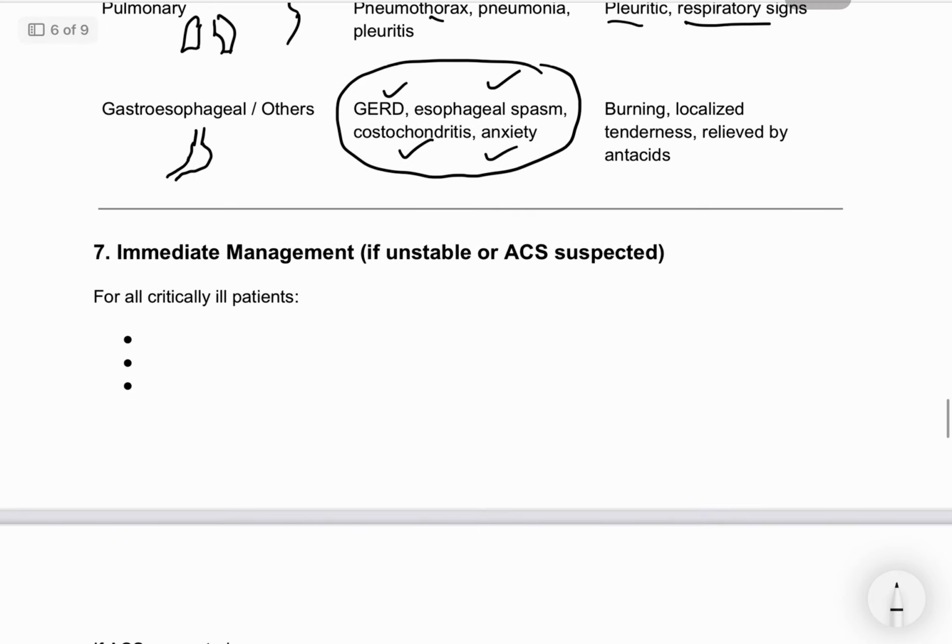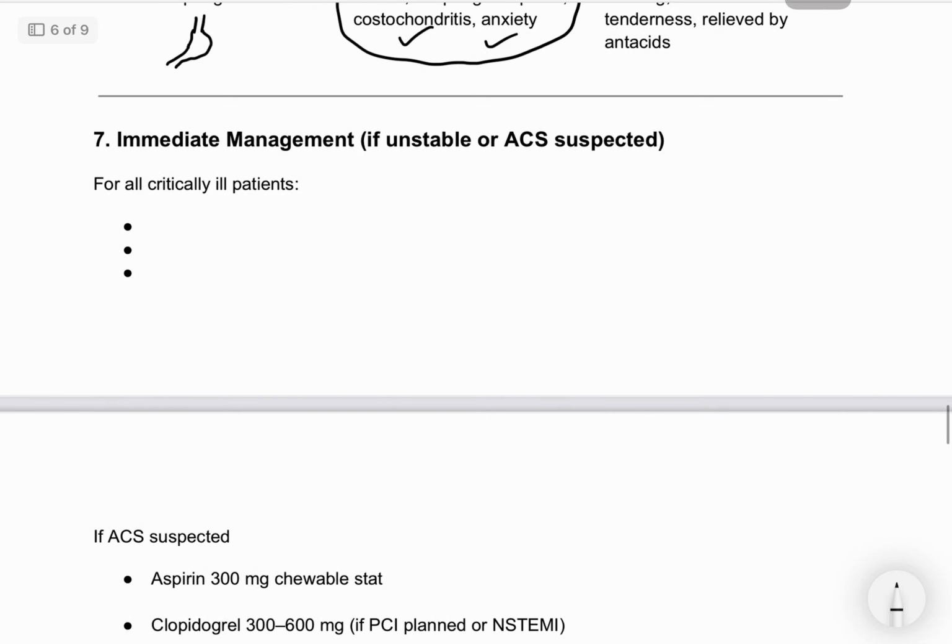Okay, so what about management? If we think the patient is having ACS, acute coronary syndrome, before that, if there is a critically ill patient, always look for SpO2 and give oxygen if it's less than 90%.